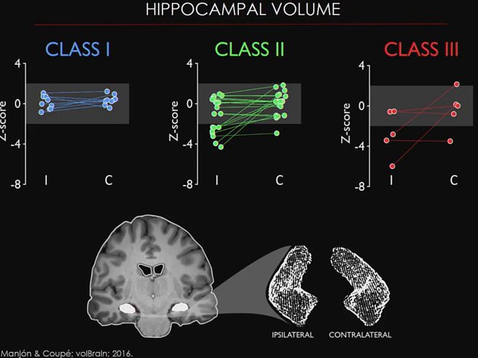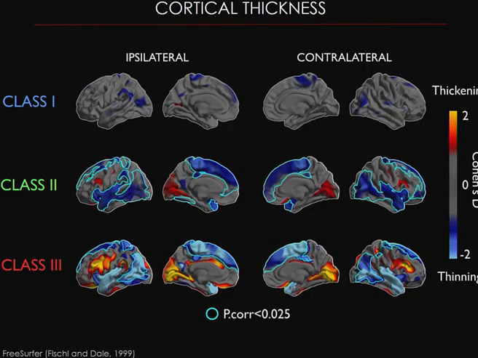And as you can see, class 1, again, is normal, just like healthy subjects. Then class 2 has some affections, and class 3 has larger affections. All these results are sorted ipsilateral to lesion and contralateral to lesion. And here, in the cortical thickness, we see a gradient of changes where class 1, class 2, and class 3 have increasing changes in the temporal areas and frontal areas with a very large effect size.